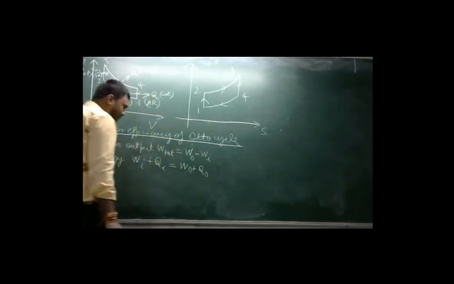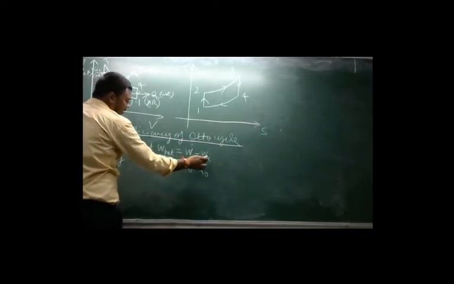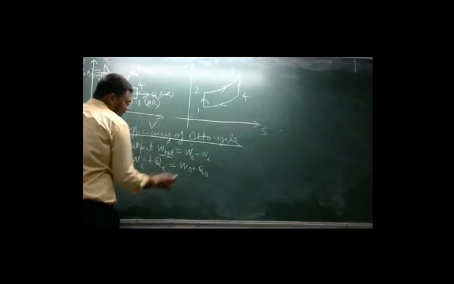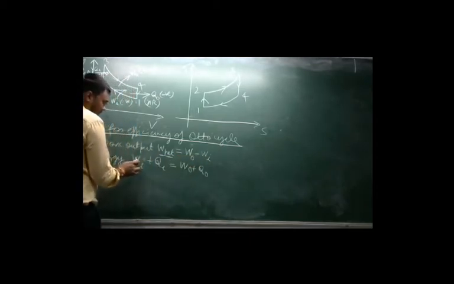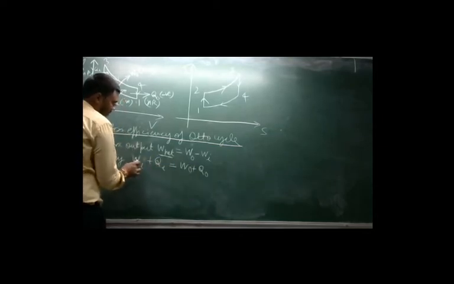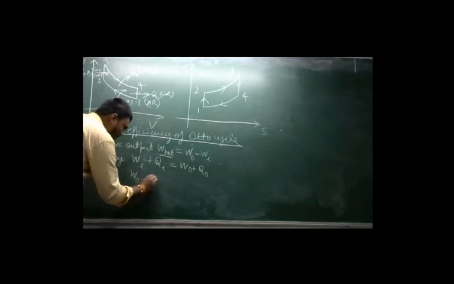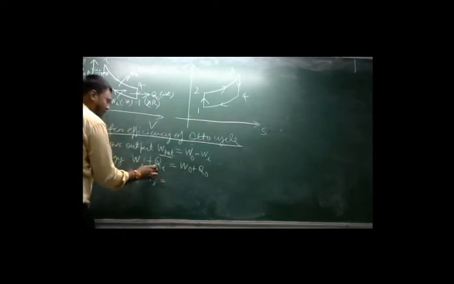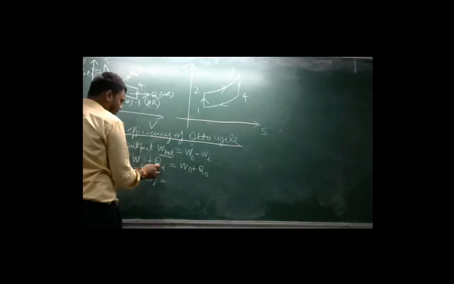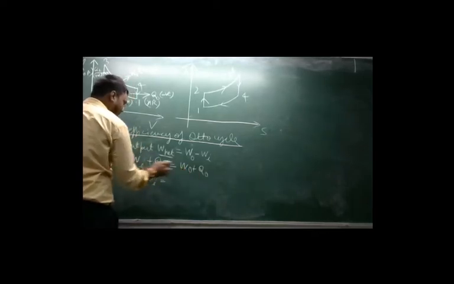Okay. Now here our objective is to find the value of net work, W net. So WO minus WI, this value we need to find. So replace this WI in the right side, then this becomes WO minus WI, and replace this QO to the left side.